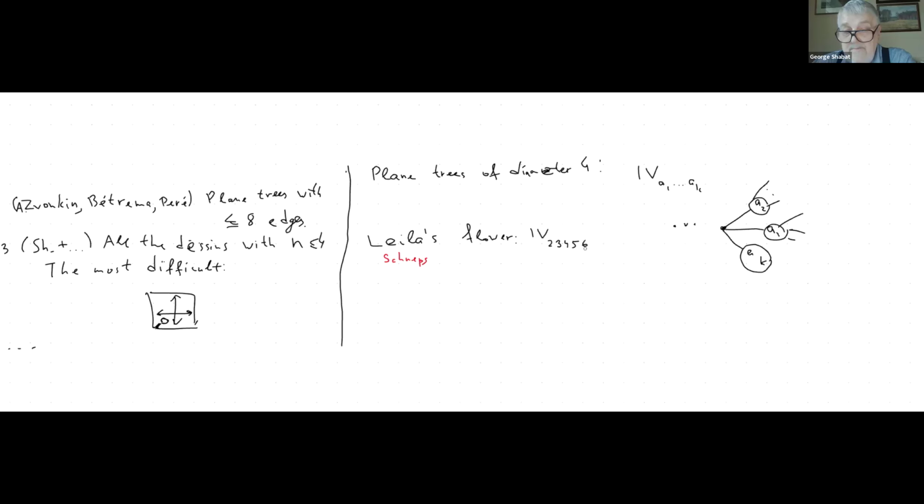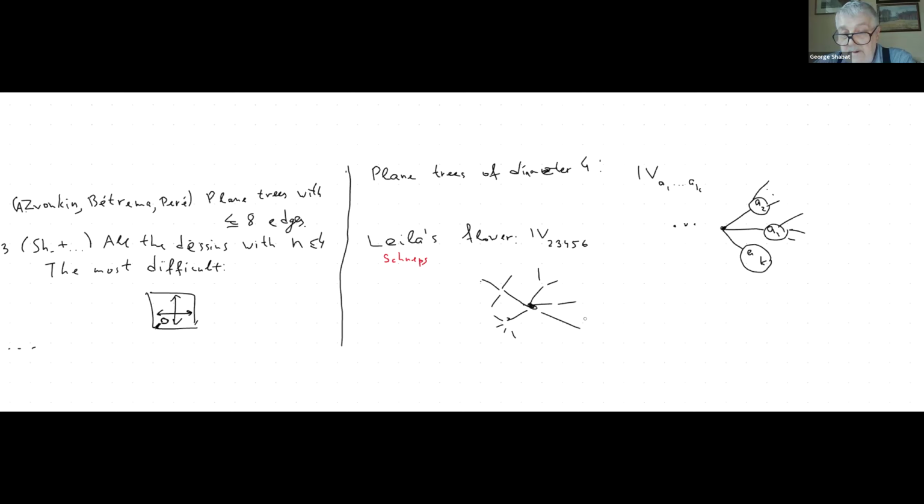Here is 2, and here is 3, and here is 4, and here is 5, and here is 6.